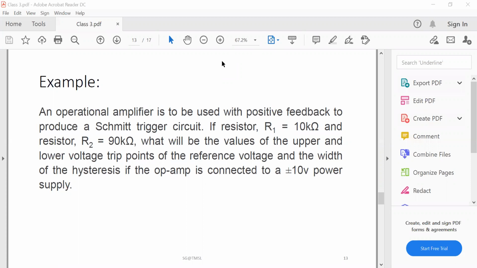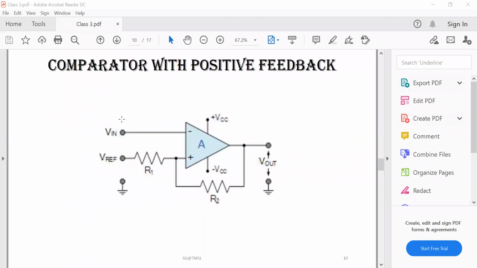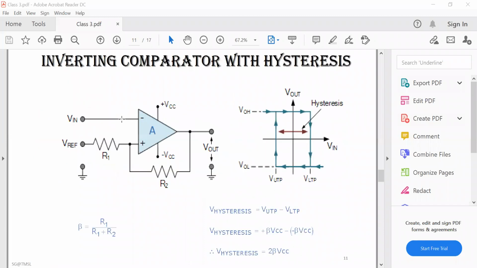If the difference is taken, then 1 plus 1, 2 volt will be there. That's why, and it is given here also. V hysteresis is 2 beta into VCC.